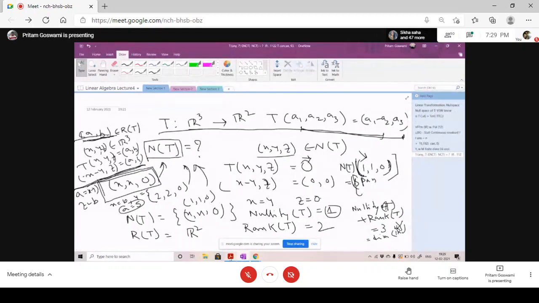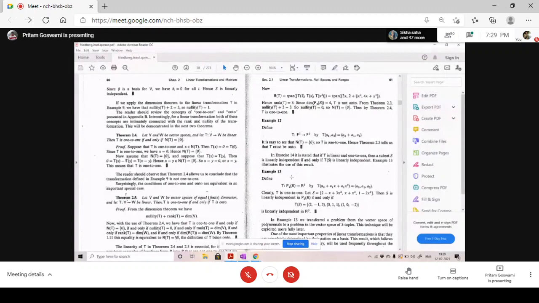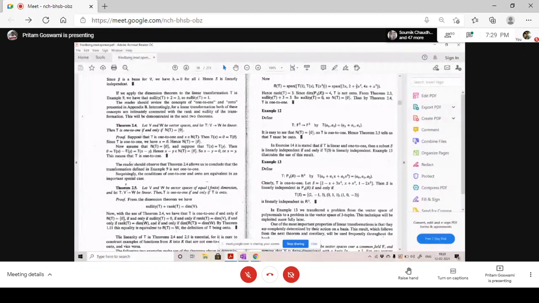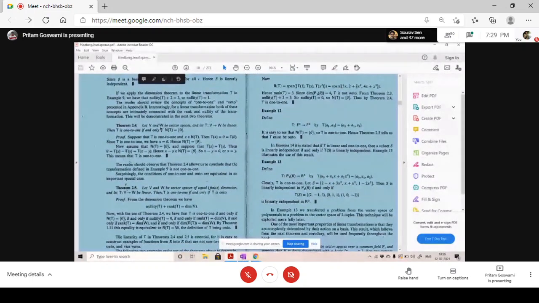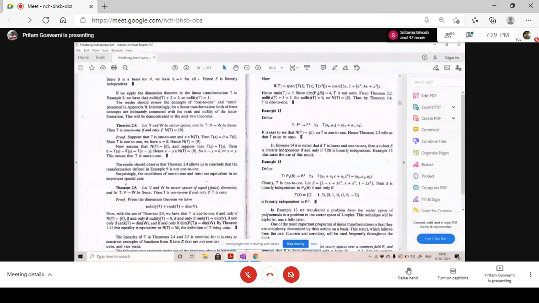Yes, sir. So some important theorems are there, another interesting theorem. Look here. Suppose V and W are vector spaces, and T is a linear transformation. Then T is 1 to 1, that is, T is injective, if and only if null space of T is only the zero vector.